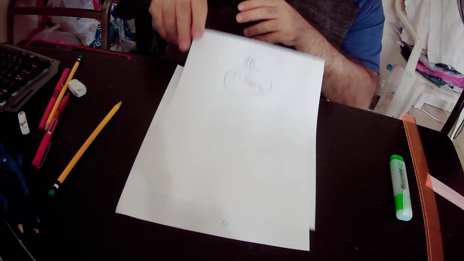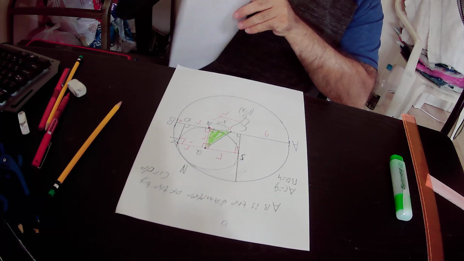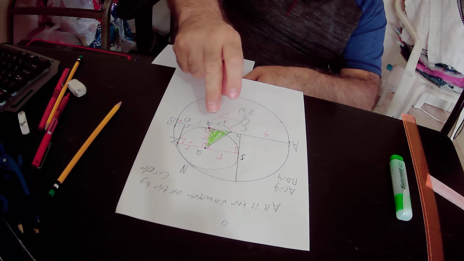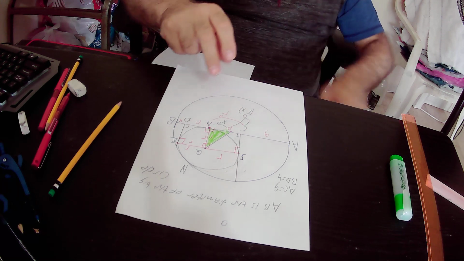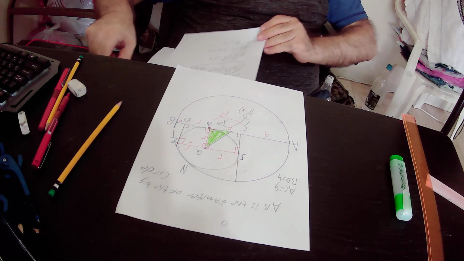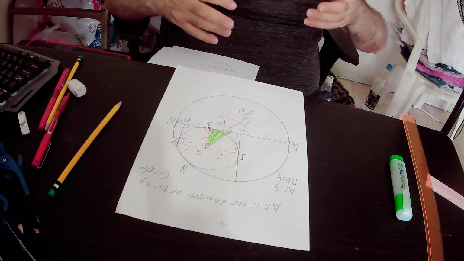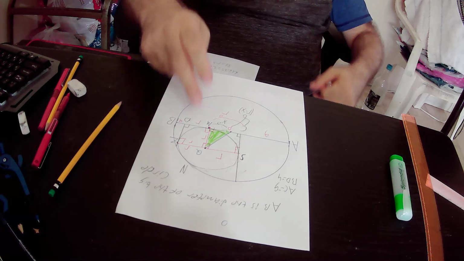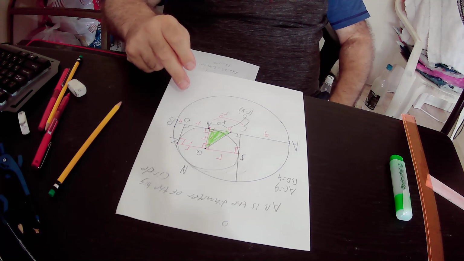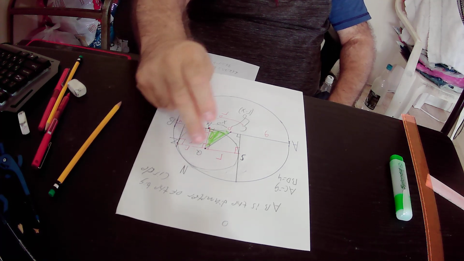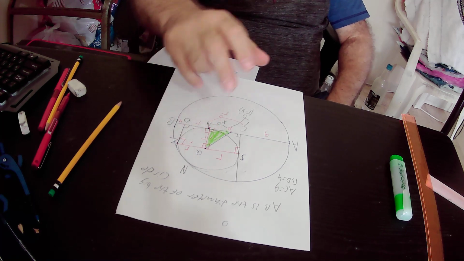Okay, so now I will summarize the lecture. We actually wanted to find out the radius of the small circle. We have here two circles that have internal tangency between them at point N. The two circles are touching each other at point N from inside the big circle.